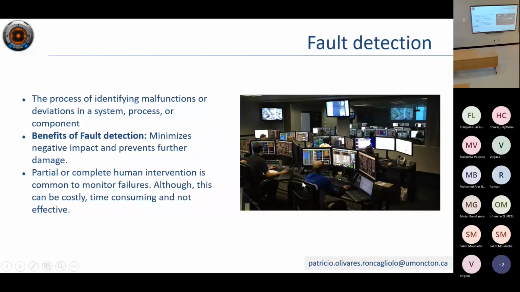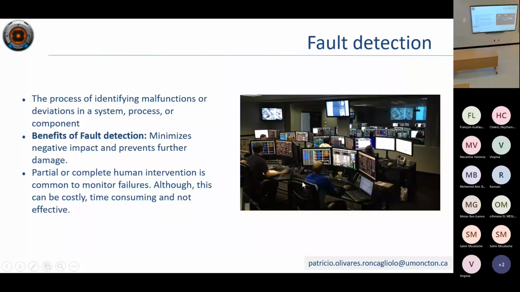So in that sense, you will see, for example, in some system, people trying to look at several screens, trying to check the cameras that are looking if there's any problem of your system. That is very common, but we probably agree that it's not a very useful or very efficient way to try to detect failures on any system.